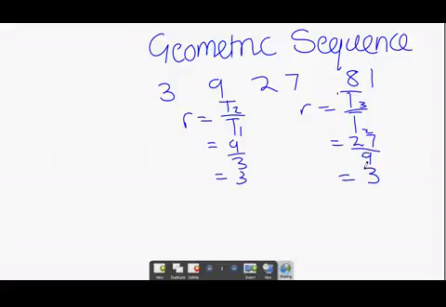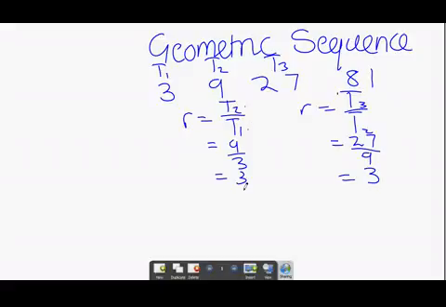So you can clearly see that this is my T1, T2, and T3. I took my T2 and divided it by T1, substituting 9 for T2 and 3 for T1. 9 divided by 3 gives us 3.